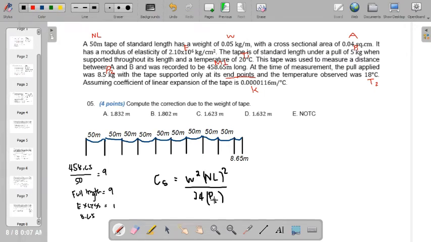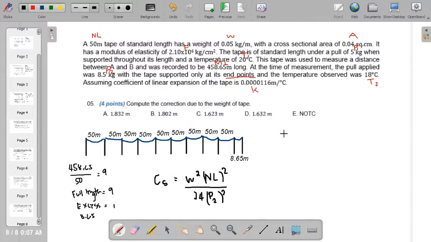The P sub 2 is the pull at the time you measured the 458.65. You cannot use P sub 1, because P sub 1 is the pull at the time the tape was standardized. Now, this is our formula. We are going to use it twice: first for the 50 meters and second for the 8.65.